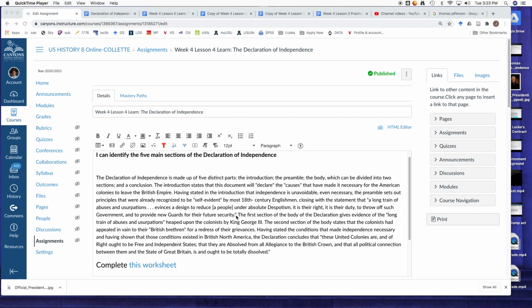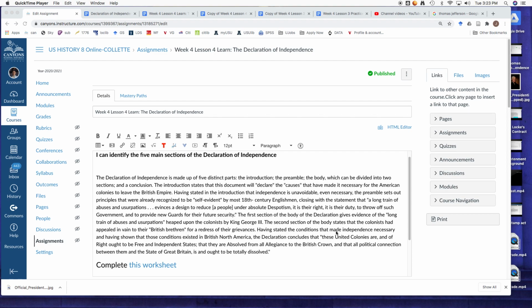The first section of the body of the Declaration gives evidence of the long train of abuses and usurpations heaped upon the colonists by King George III. The second section of the body states that the colonists had appealed in vain to their British brethren for a redress of their grievances.